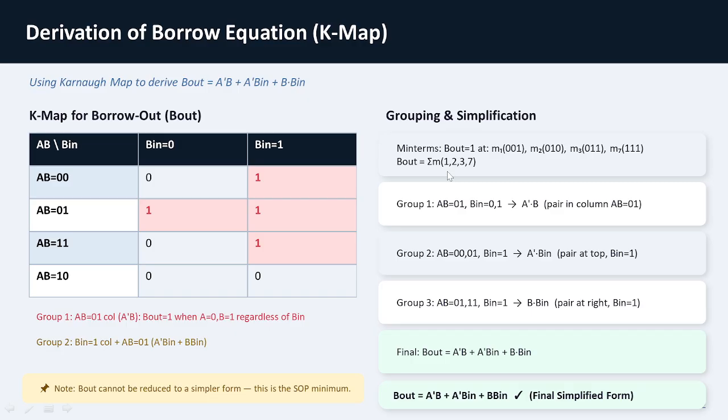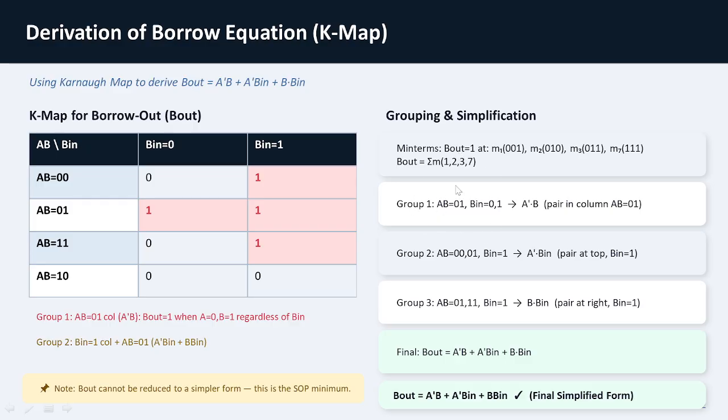First, find where you are getting B out as one. I am getting M1, M2, M3, and M7. These are the terms where I get B out as one from the truth table.